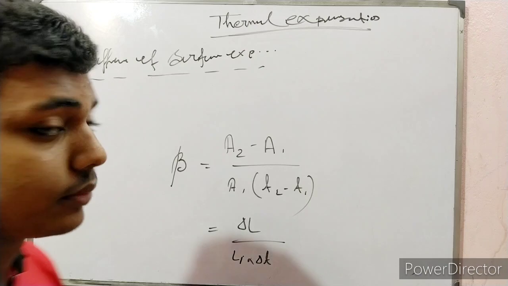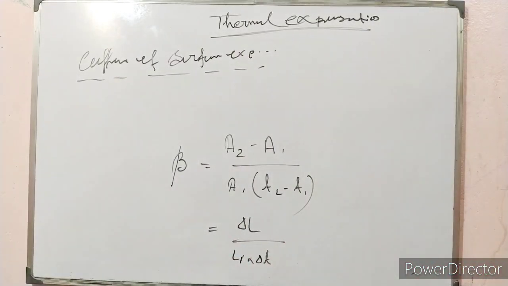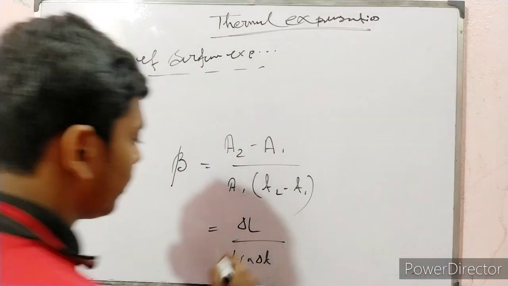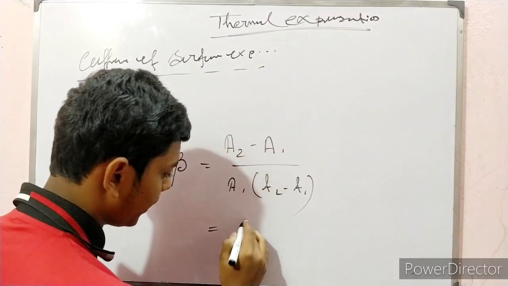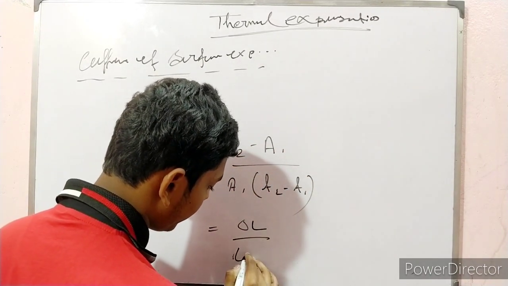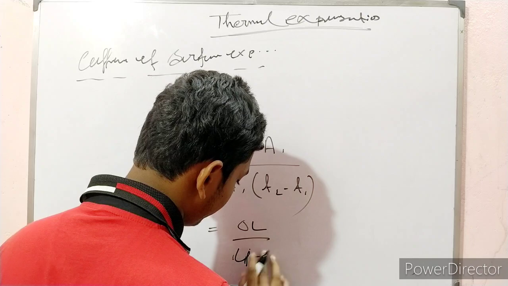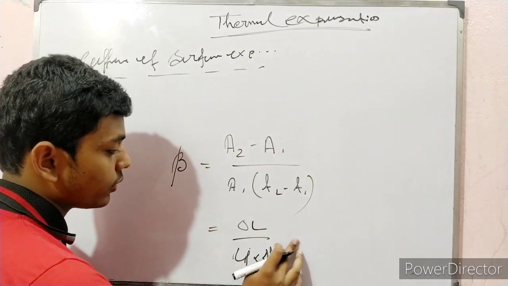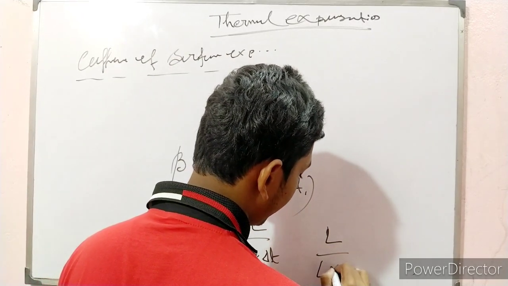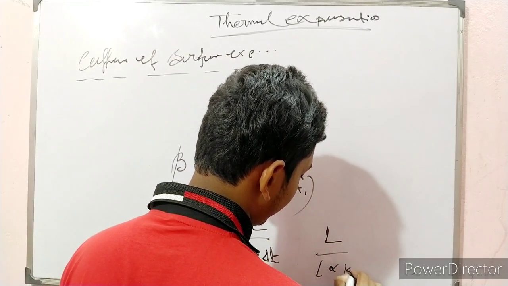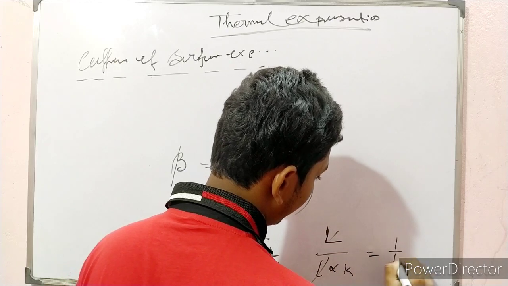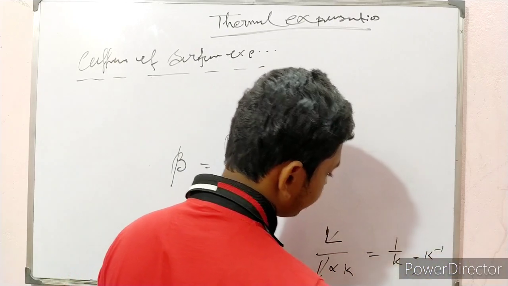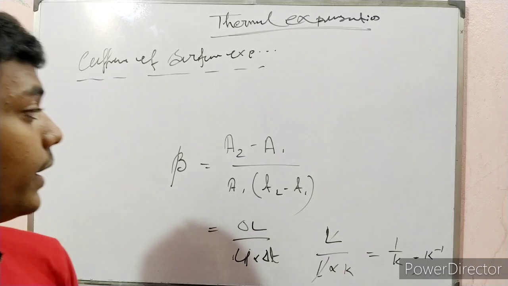The unit is the same: delta A by A initial into delta T, the area cancels, so 1 by K means K inverse. I hope it is clear.